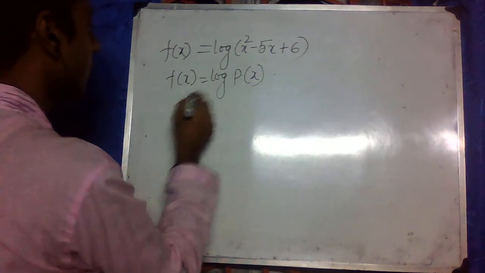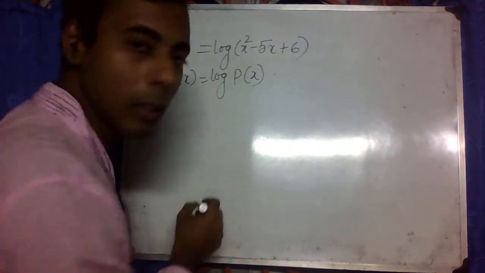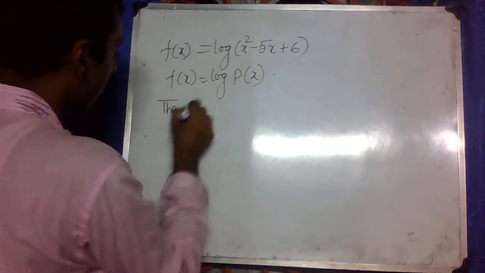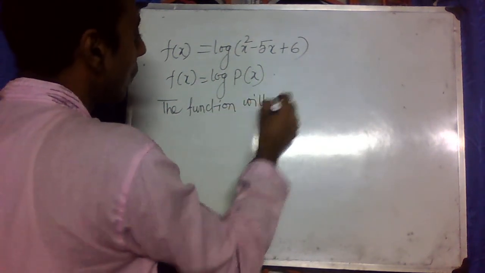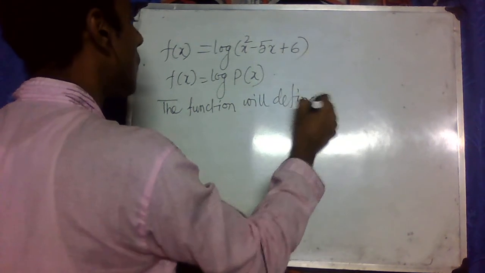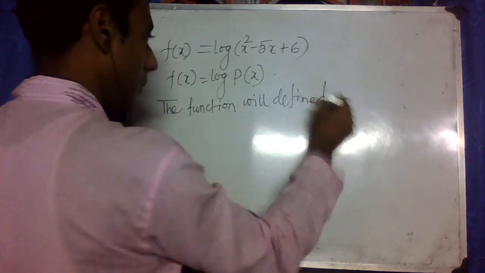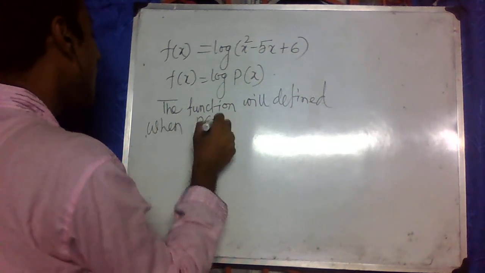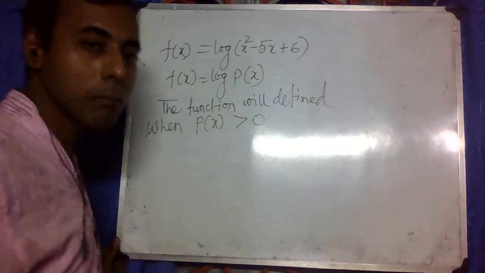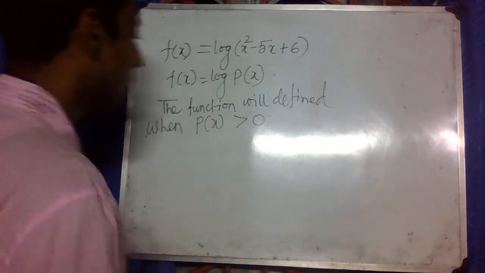So by the table, the function is defined when p(x) is greater than 0.